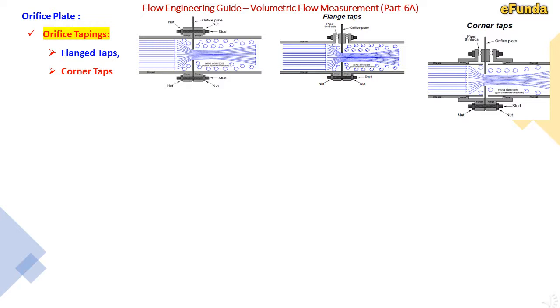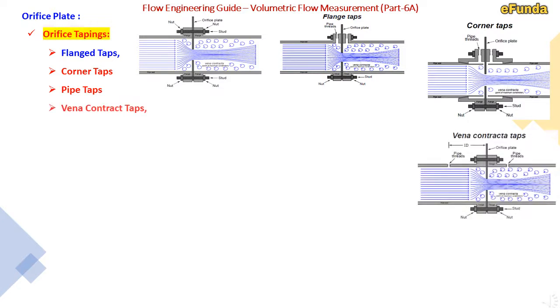2 inches. Pipe taps. These taps are located 2.5 D upstream of the orifice plate and 8 D downstream of the orifice plate, meaning the major difference of full pressure recovery at the rated pipe diameter, that is the upstream diameter and downstream the differential pressure at those points. Vena contracta taps.